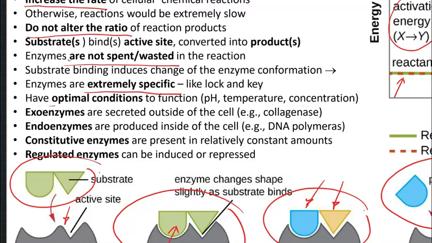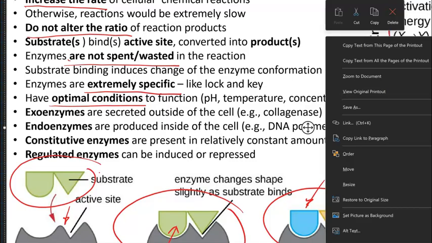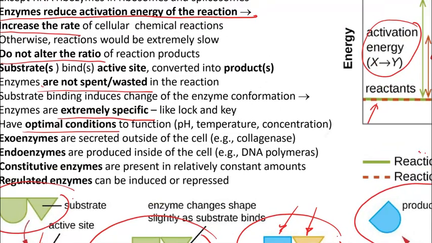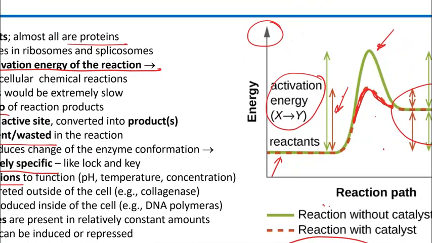Also, enzymes have optimal conditions for their function. One thing that I want you to appreciate about these optimal conditions: if you try to build a graph of the enzyme activity versus, for example, pH, the enzyme activity will look like this.